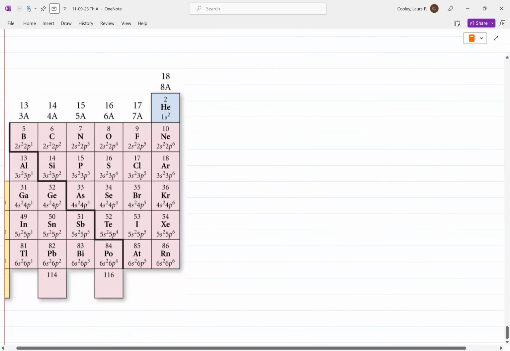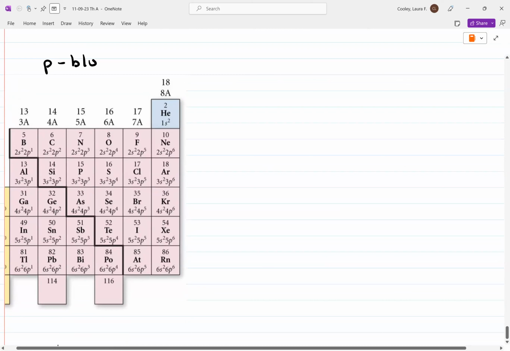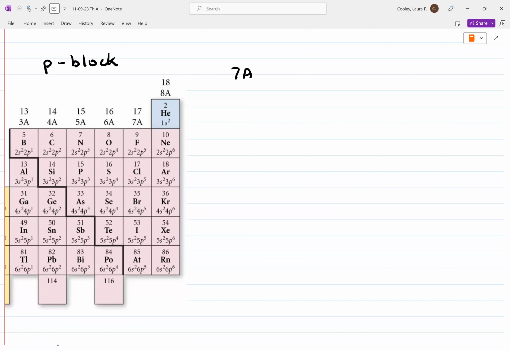Here we go. And you could see going down, let's take a look at the halogens. This is group 7A, we call it the halogens. Salt forming, it's from the Greek, of course.